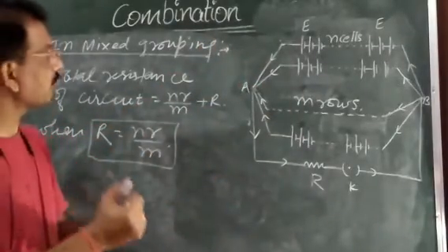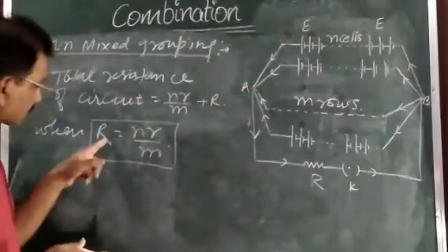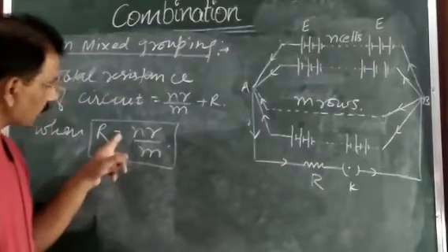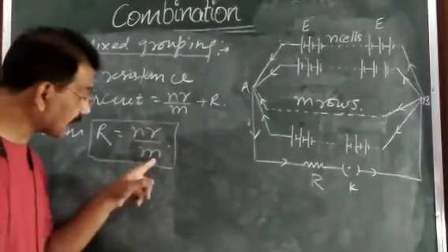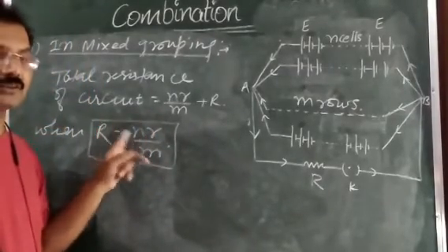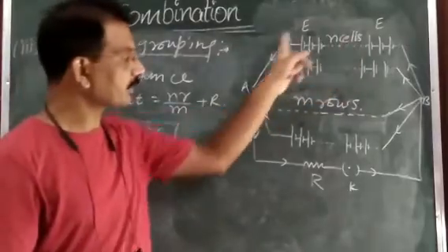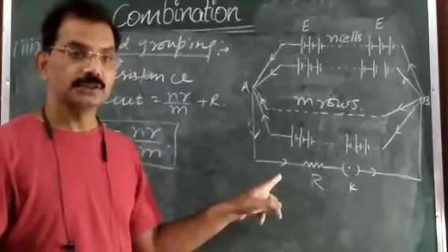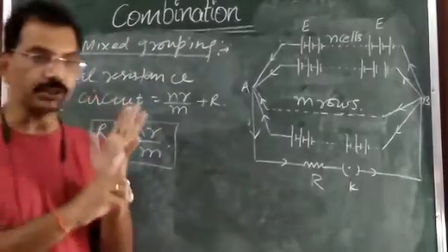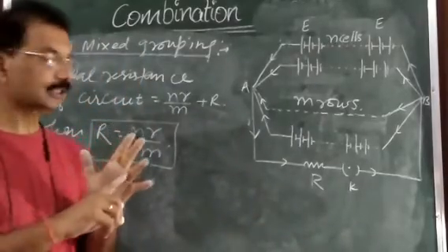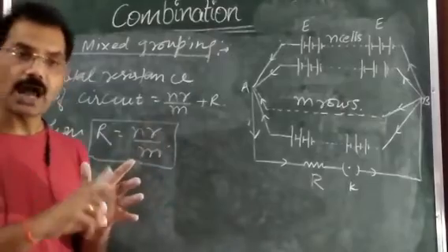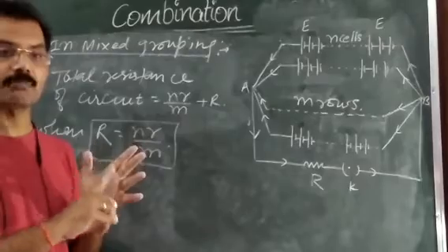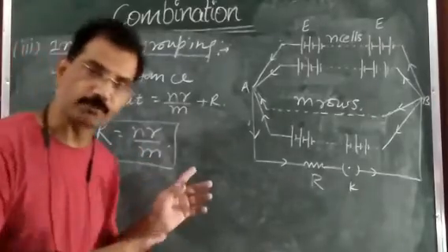When the external resistance of this circuit becomes equal to the total internal resistance, this mixed grouping of cells will send the maximum current in the external resistance. So remember, I have already discussed under what condition we prefer the series, parallel or mixed combination.